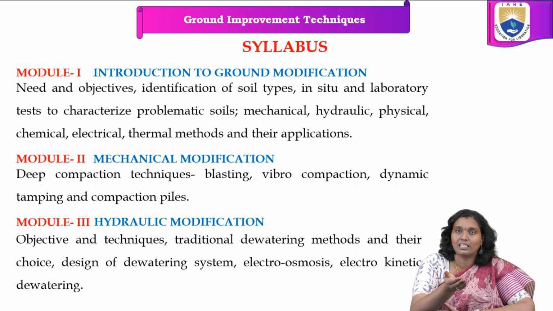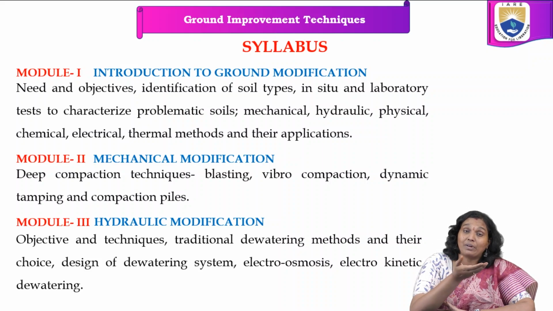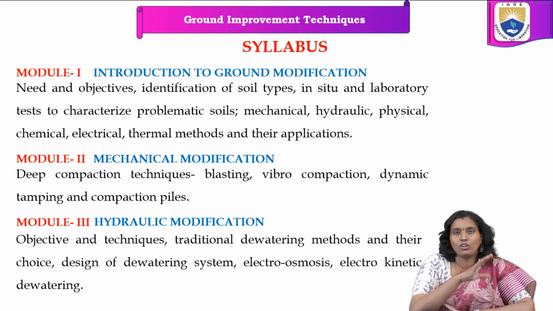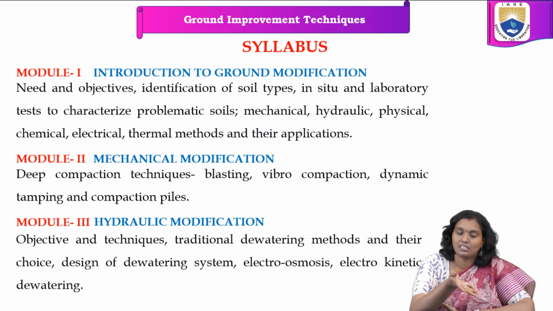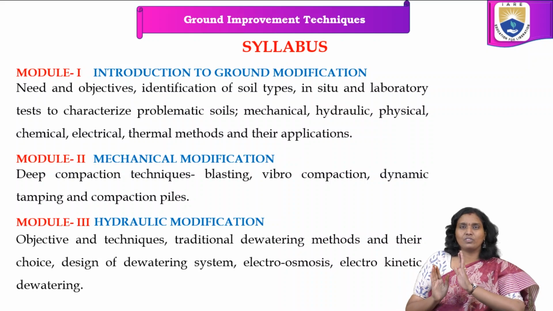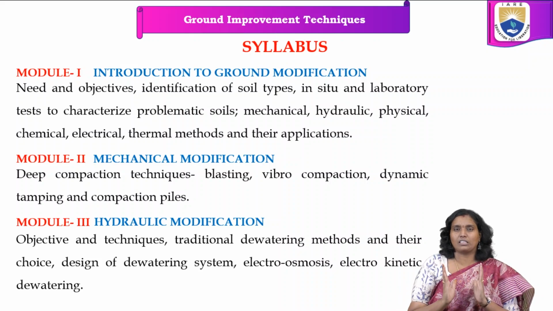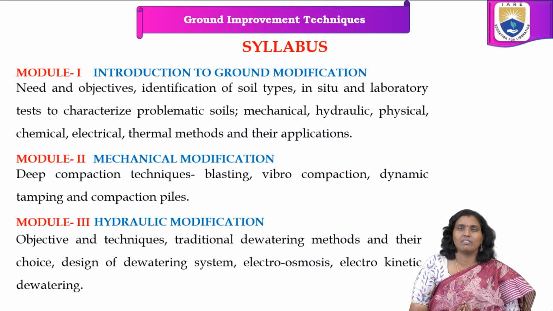There we understand the soil types and what laboratory tests are there. So we will know the basic things in our prerequisite subject. Here we understand the identification of the various soil types, the laboratory tests we are going to conduct, and the various methods involved as per classification.